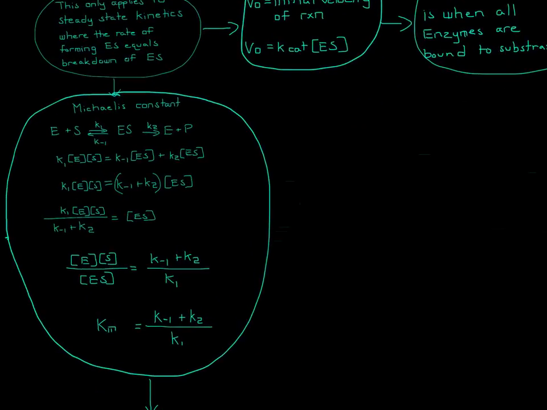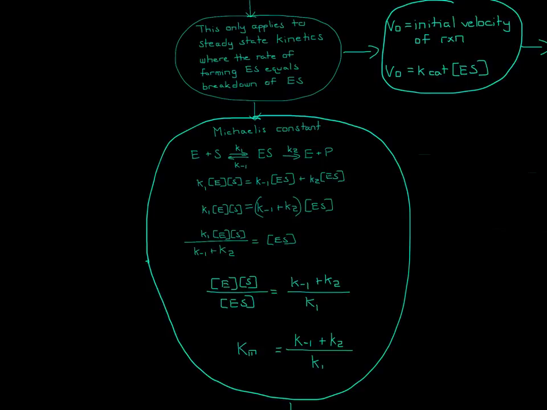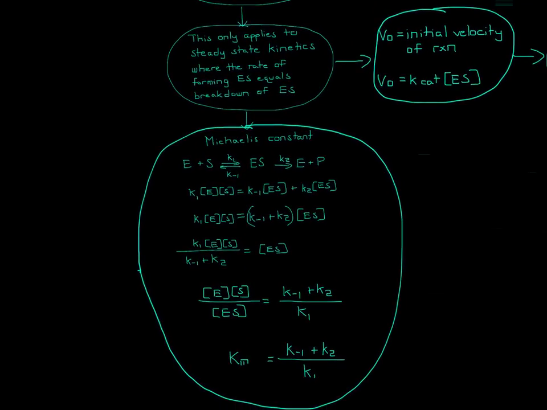So let's go over the Michaelis constant derivation. We have enzyme plus substrate equals the enzyme-substrate complex, with K1 going this way and K minus 1 going the other way. And then the enzyme-substrate complex goes with K2 to E plus P, which is just enzyme and end product. This is why this model only applies in steady state kinetics, where the rate of forming ES equals breakdown.